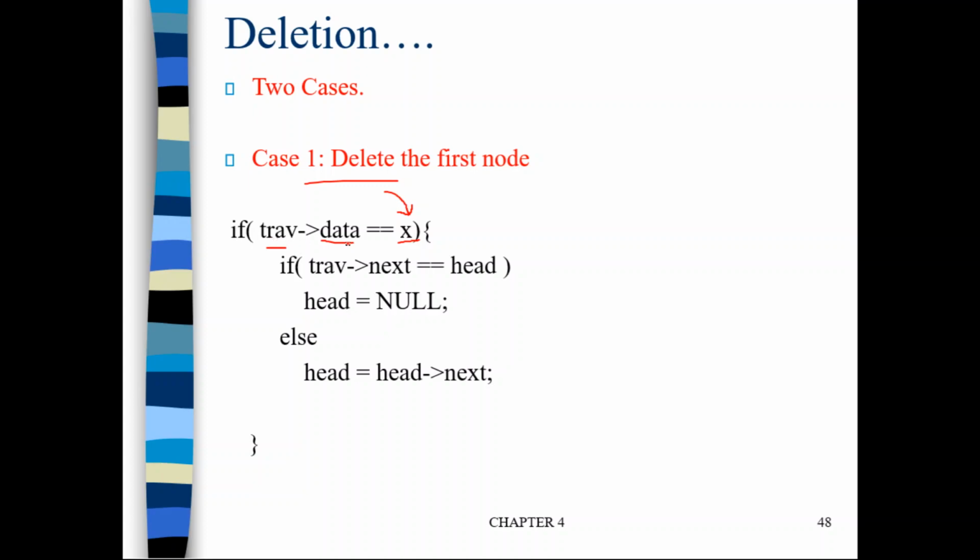If you want to delete the first node, then head should point to the second node. So the simple logic is head equals head arrow next. But before that you should check one thing.